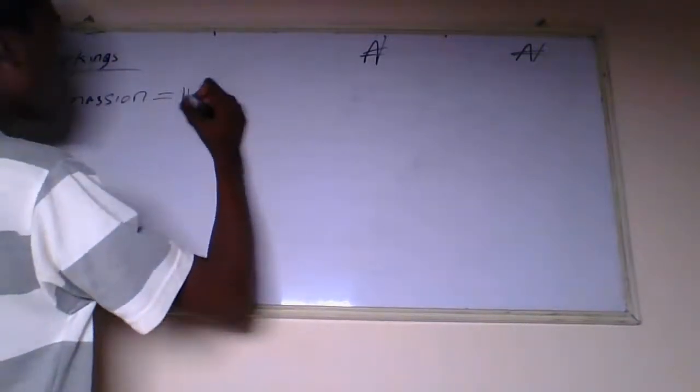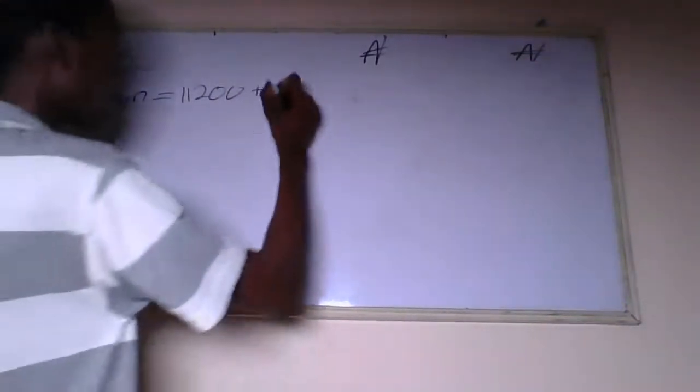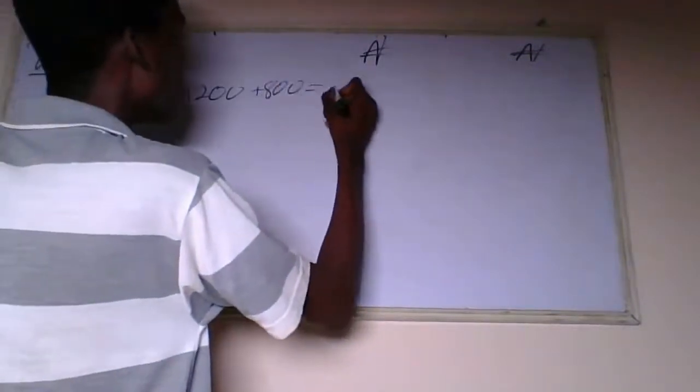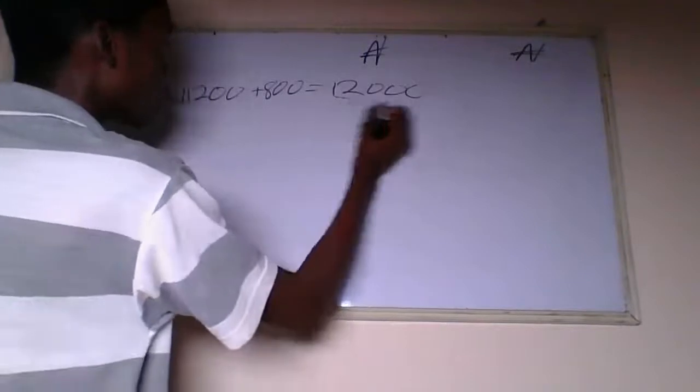The commission given to us is 11,200 plus the accrued, which is 800.